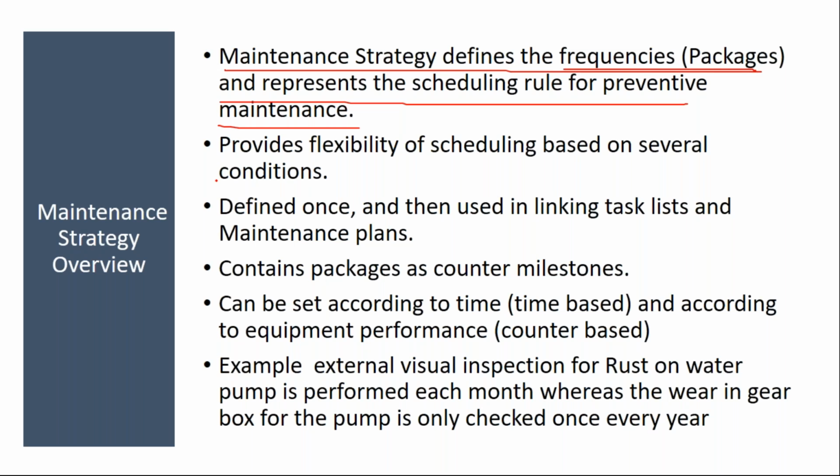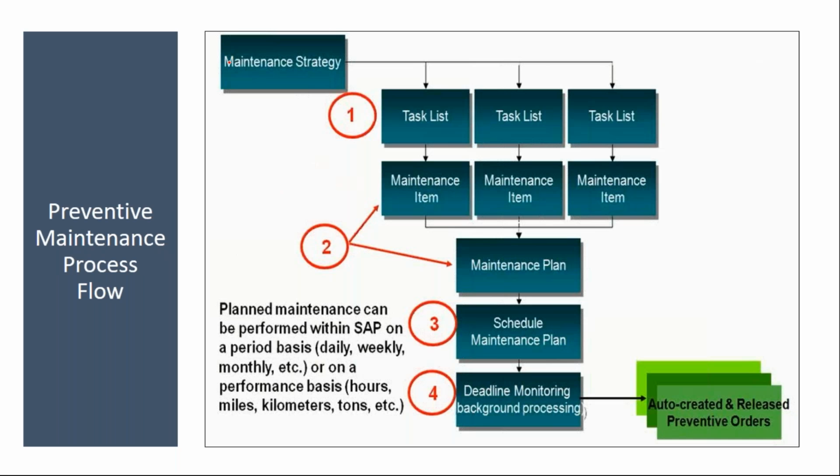It provides flexibility of scheduling based on several conditions. I will show you this in the system. It is defined once and then used in linking task list and maintenance plans. So this is the strategy which we are going to create, ultimately used to link your task list and maintenance plan. This we will see when we go to these particular topics.